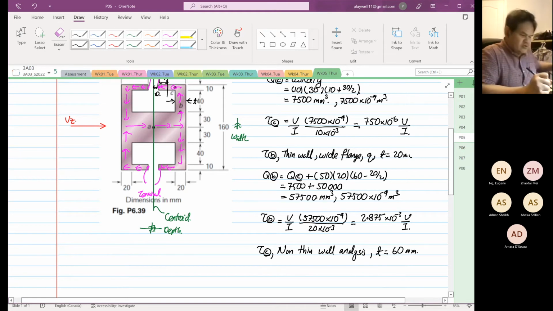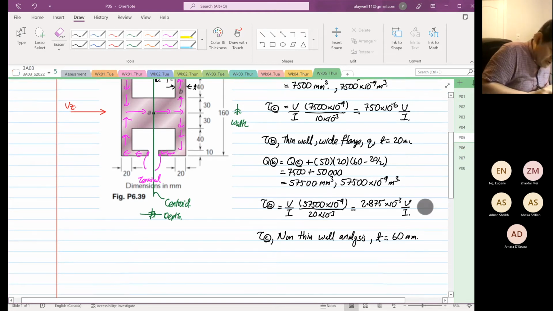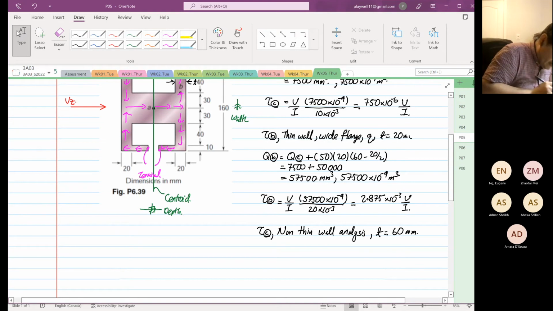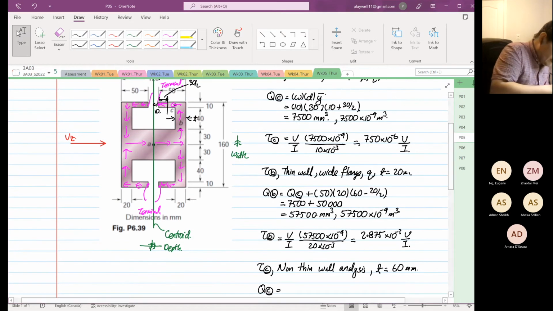So the first moment of area of C, so the area that we are going to consider now is this whole area when it's at point C. Everything in yellow. Okay, everything.